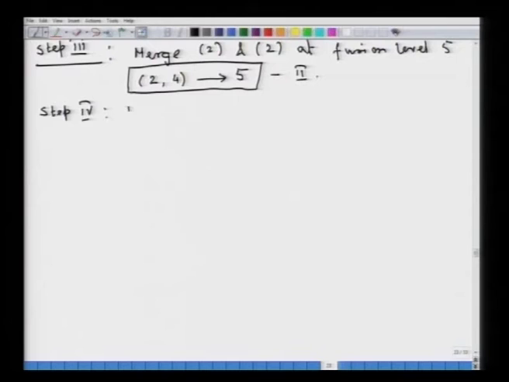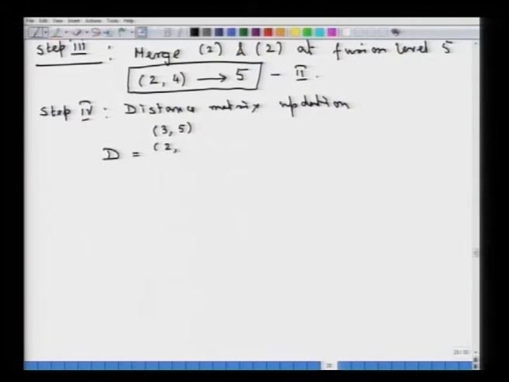So, this is the distance matrix updation. Now, the new distance matrix is going to be 3 by 3, as we have discussed. These will be the clusters. 3 5 was an existing cluster in the previous step.